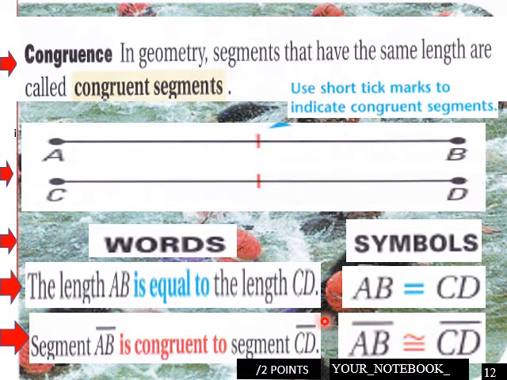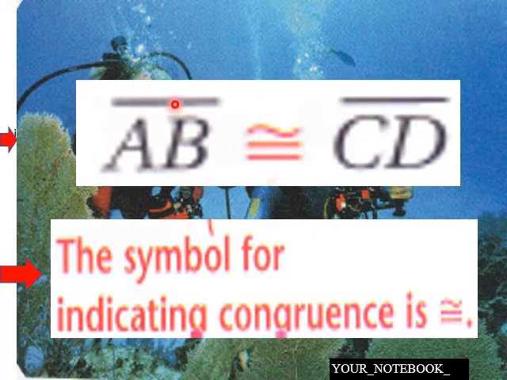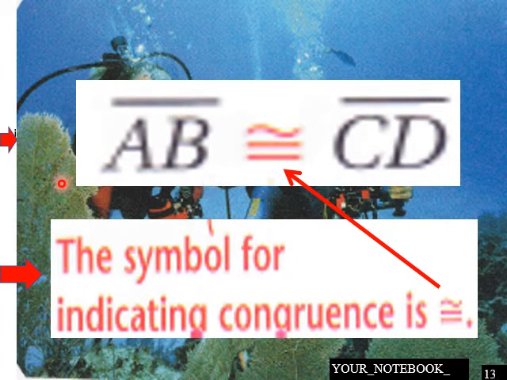That's classwork on your classwork sheet. And then another notebook entry, line segment AB is congruent to line segment CD. The symbol for indicating congruence is this again. So reiterating that, it's congruency.